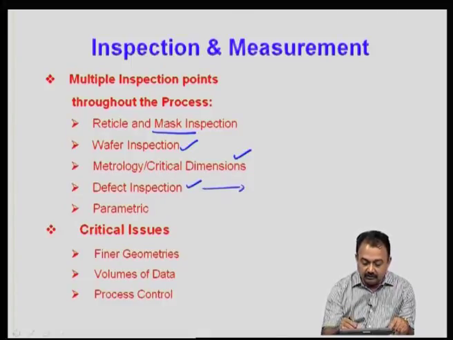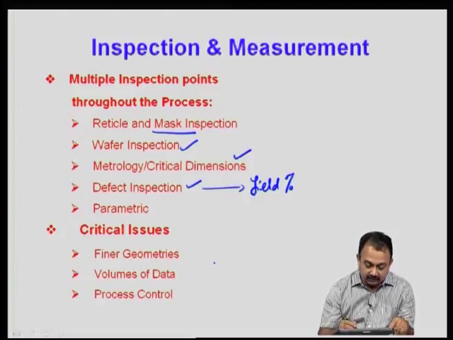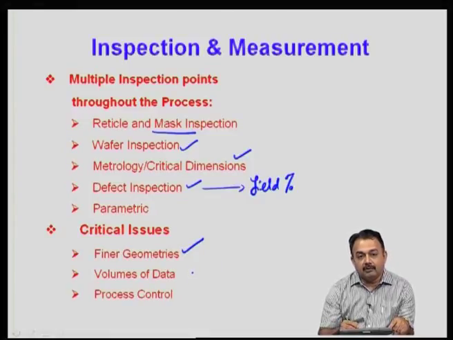This also goes into yield calculations, yield percentage calculations, and parametric inspections. Critical issues will be fine geometries, how well they are defined, and then you have to keep note of what has gone into various batches of the processes, including data control, process control difficulties, and so on.